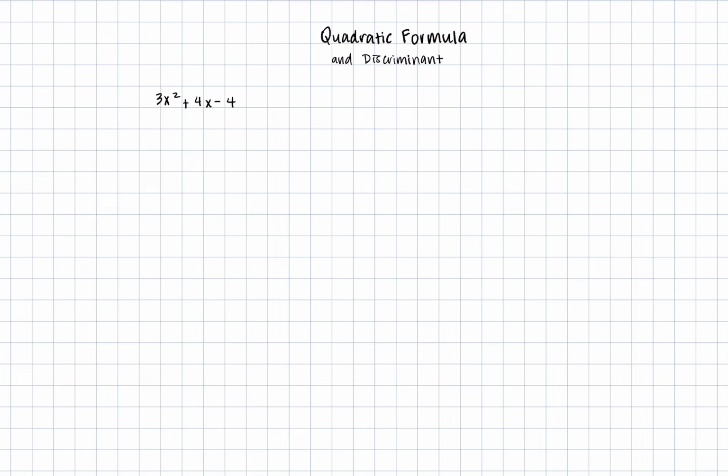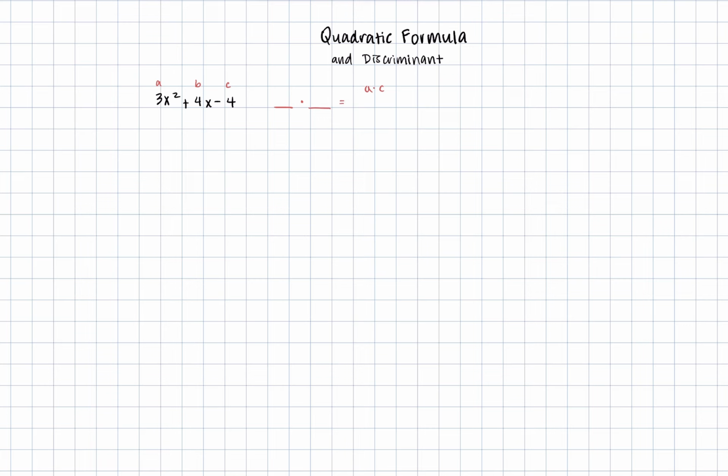Just to refresh our memory, when we factor, we start off by labeling a, b, and c. Then we set two numbers that multiply to give us a times c, which is 3 times negative 4.